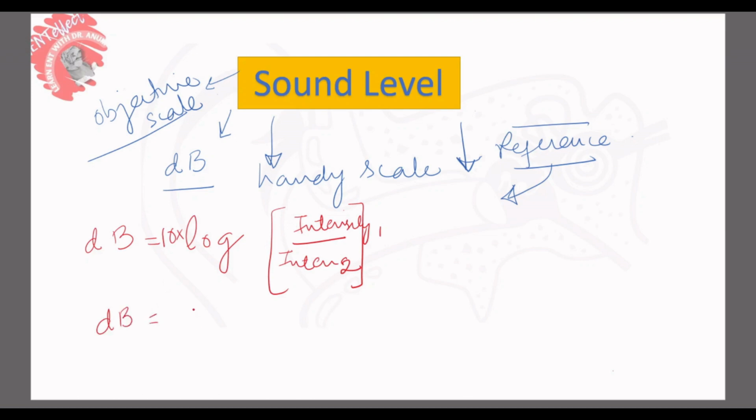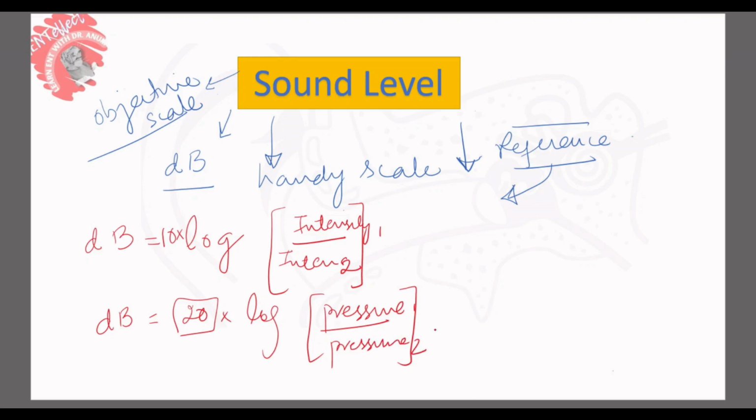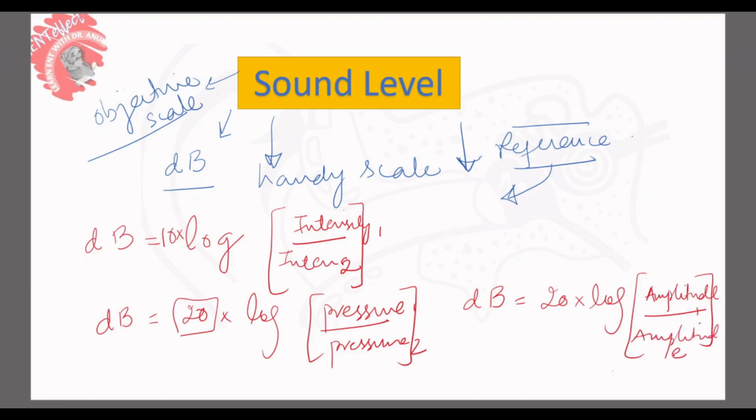Or decibels can also be expressed as 20 times the logarithm of two pressure levels, pressure 1 and pressure 2. Or there is yet another formula, 20 times log of two amplitudes, amplitude 1, amplitude 2.